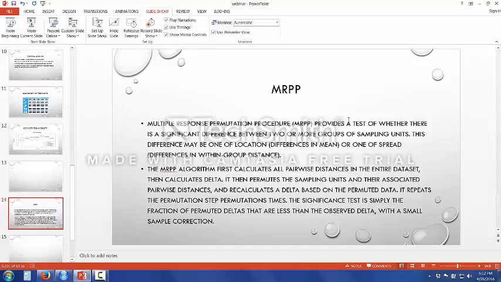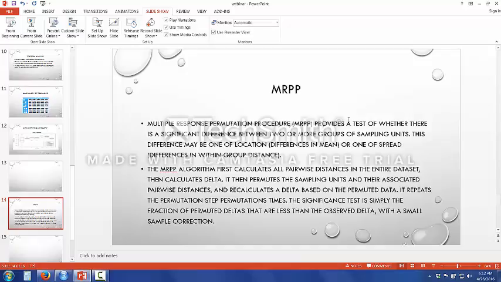Then MRPP generates noise by randomly shuffling the class variables within the data set. So now the weighted average of the distances within the random groups is recalculated, which is what the noise is, and this reshuffling, or what they call permutation, is repeated 1,000 times until you get a distribution of the average distances.